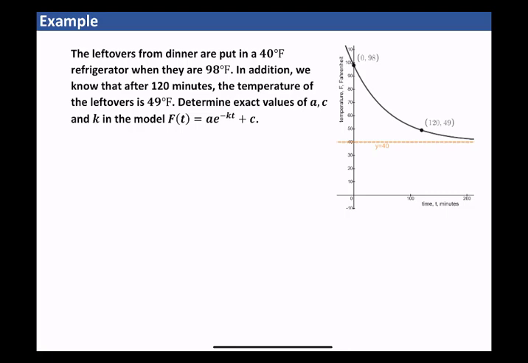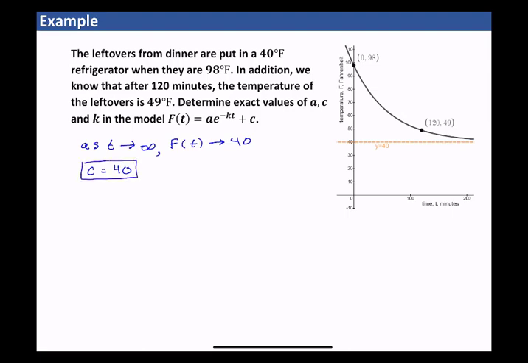We can start by identifying the long-term behavior of the temperature. The longer the leftovers sit in the refrigerator, the closer their temperature will get to the temperature of the refrigerator, 40 degrees Fahrenheit. Thus, f of t tends toward 40 as t increases without bound. And as a result, we know that c equals 40.